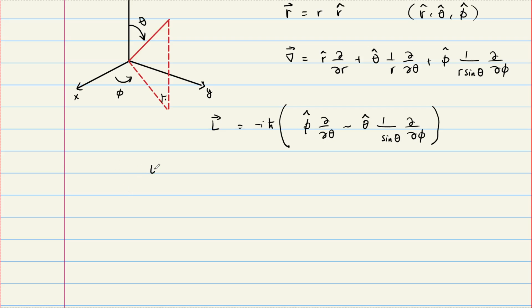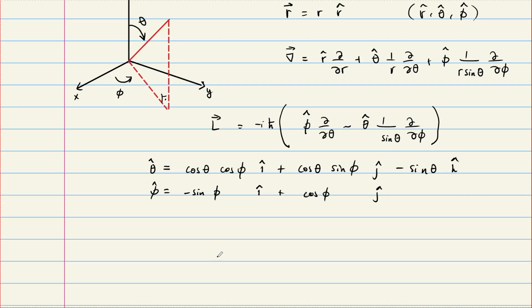And let me just write, for example, theta hat in terms of cosine theta cosine phi i hat plus cosine theta sine phi j hat minus sine theta k hat, and similarly phi hat is going to be minus sine phi i hat plus cosine phi j hat.